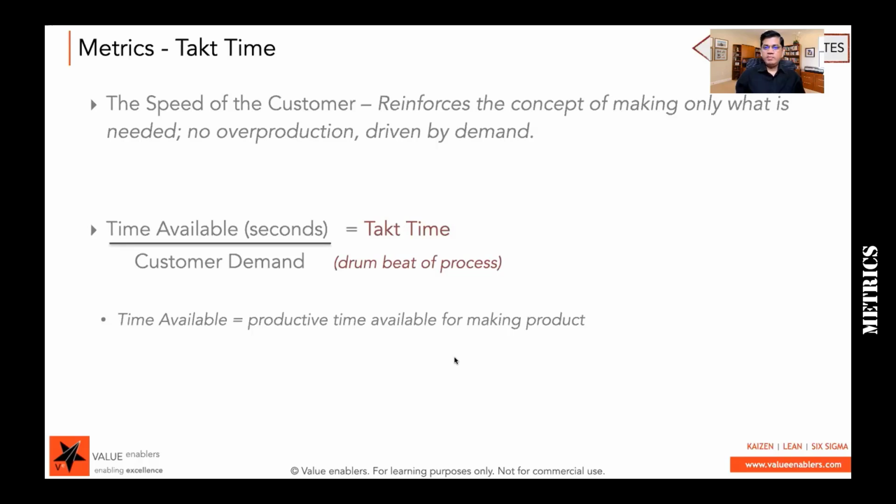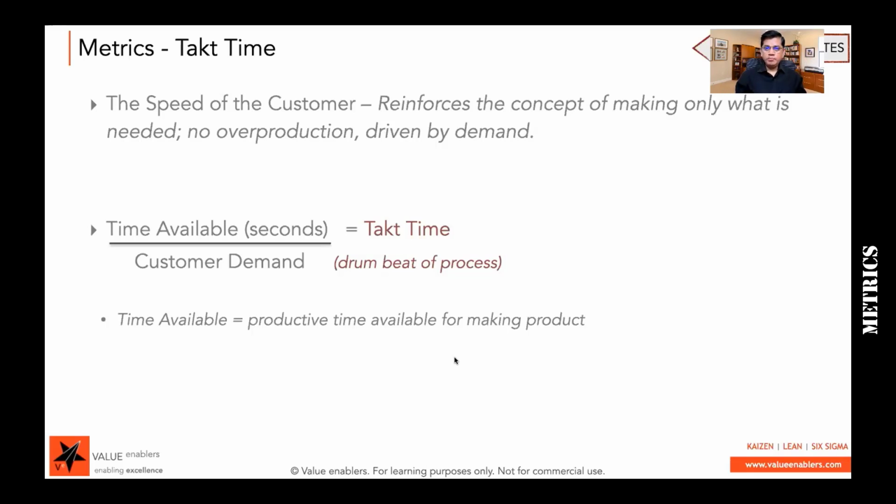Similarly, for the machines also, 24/7 is available. But then we decide when to operate. For example, Saturday, Sunday, you might give off, or holidays you can give off. And there can be an allotted time for operation.